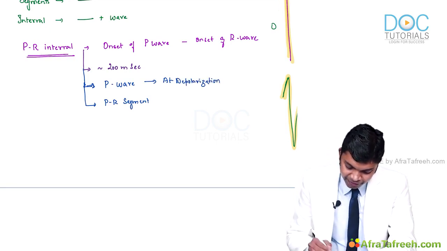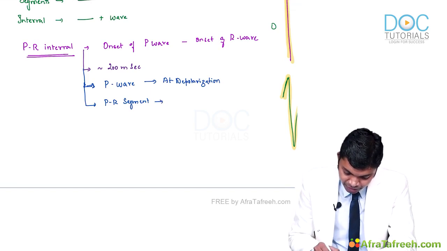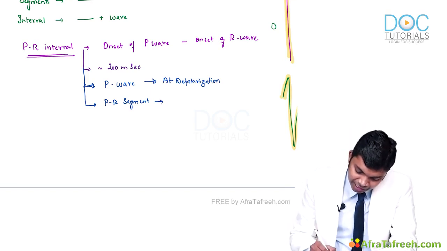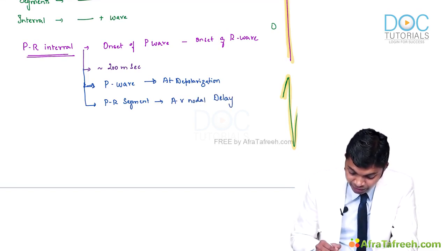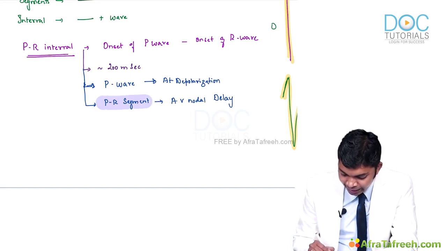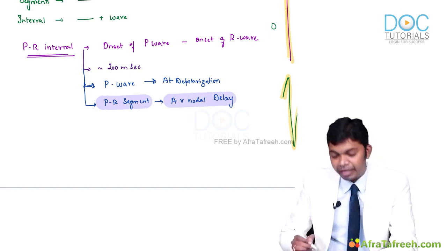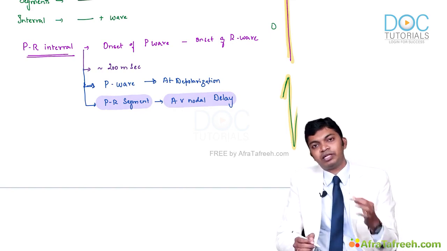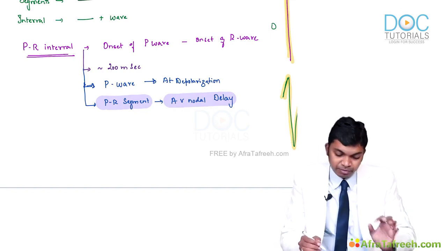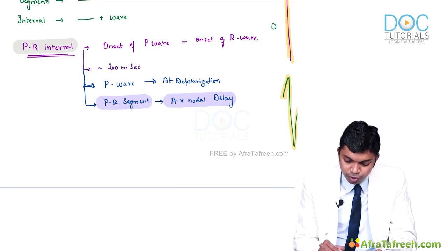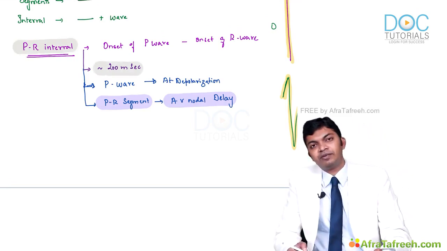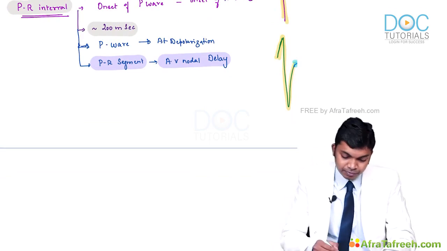The PR segment is due to AV nodal delay. So AV nodal delay in the ECG is represented by the PR segment. Very important, it is represented by the PR segment, doctors. Remember, the duration of the PR interval is about 200 milliseconds.